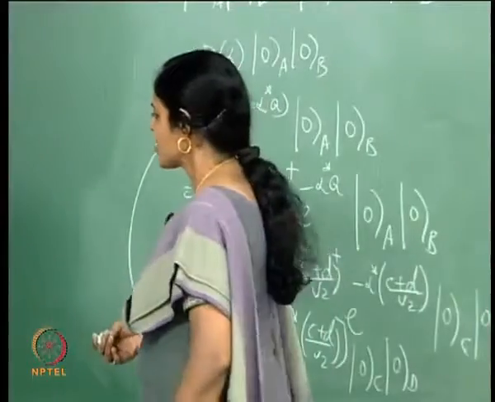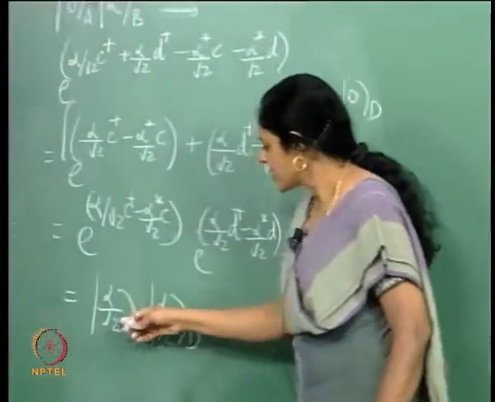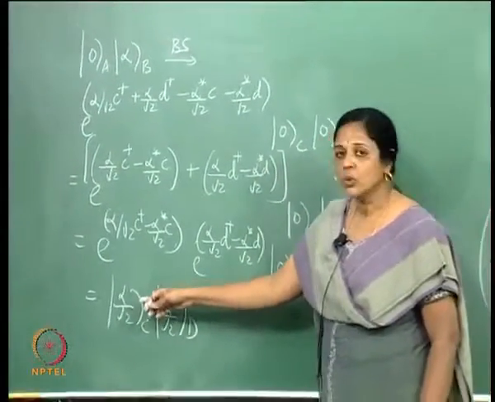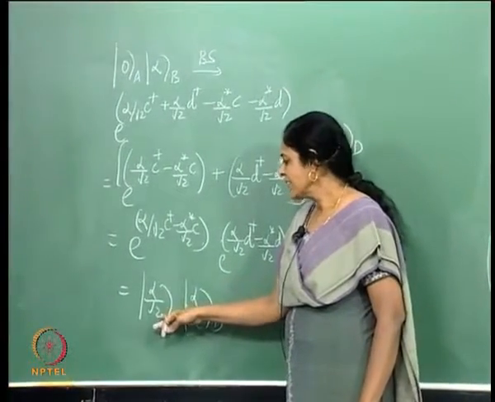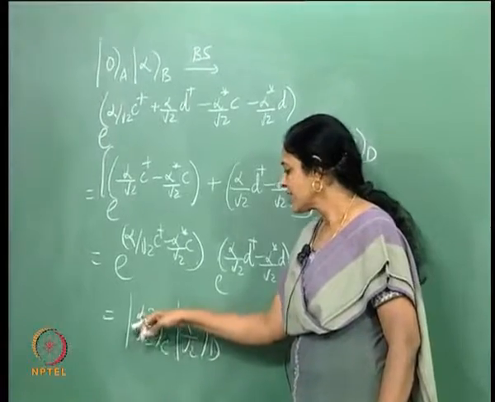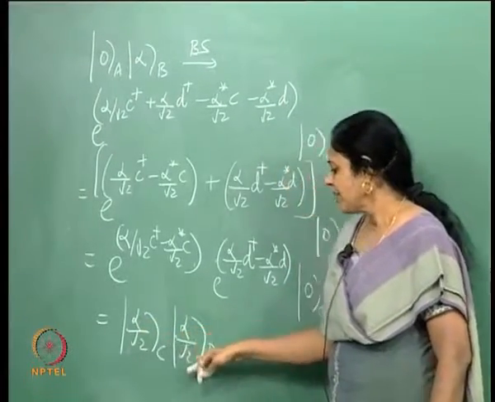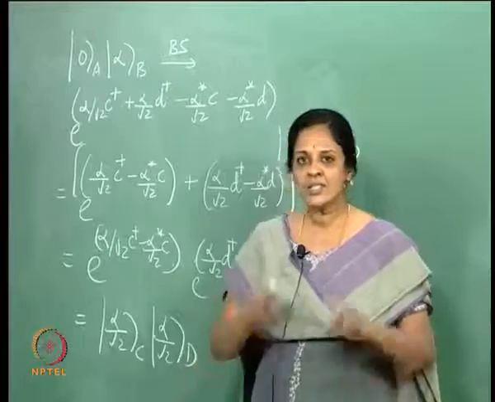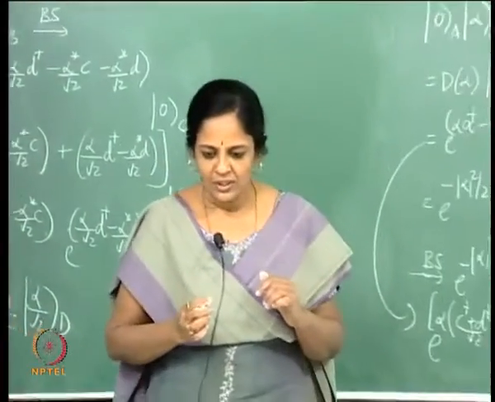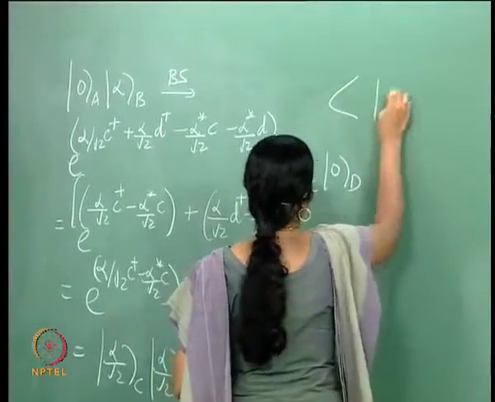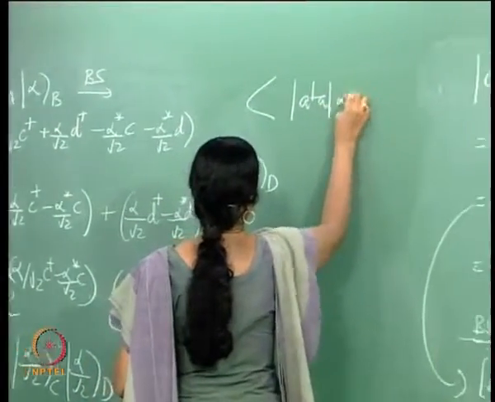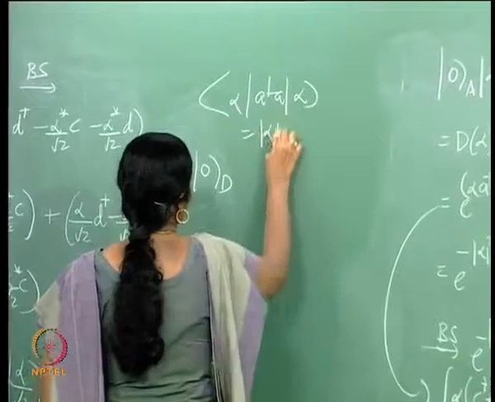The output ports have two coherent states, but instead of the original alpha, it is alpha by root 2 sitting inside each of these kets, and therefore, the intensity of the coherent state has gone down. Remember that the expectation value of the photon number operator in the state alpha is mod alpha squared.